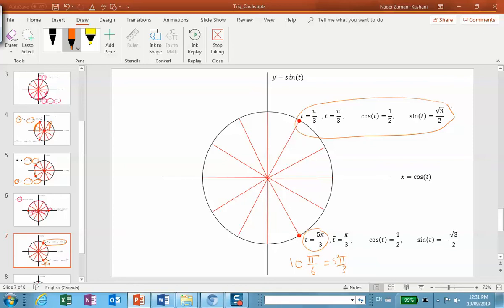So that's why t is 5 pi over 3. Or you can go 2 pi minus pi over 3. That gives you the same thing. This is the reference number, pi over 3. And you just look at this diagram. These two have the same cosine. Both of them are 1/2. And the signs are off by a minus sign.